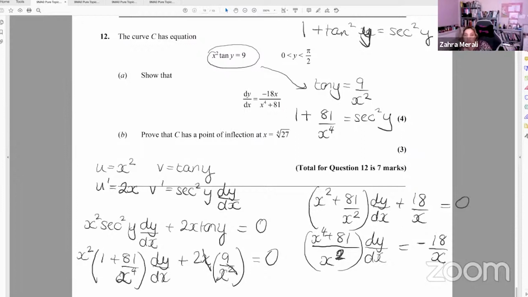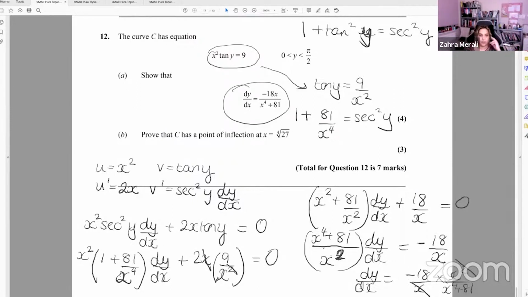And then I want to divide by all of that, which is the same as multiplying by minus 18 over x multiplied by x squared over x to the 4 plus 81. That cancels with that, and I'm left with the answer.